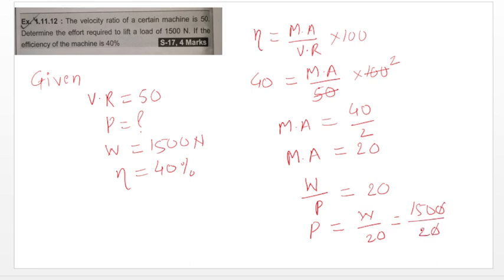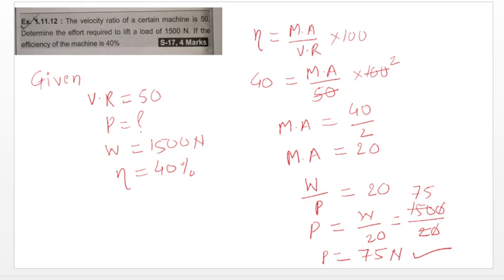Again 0 cancels, and it becomes P is equal to 75. Obviously it is in Newton. Like this way you can find out the answer.